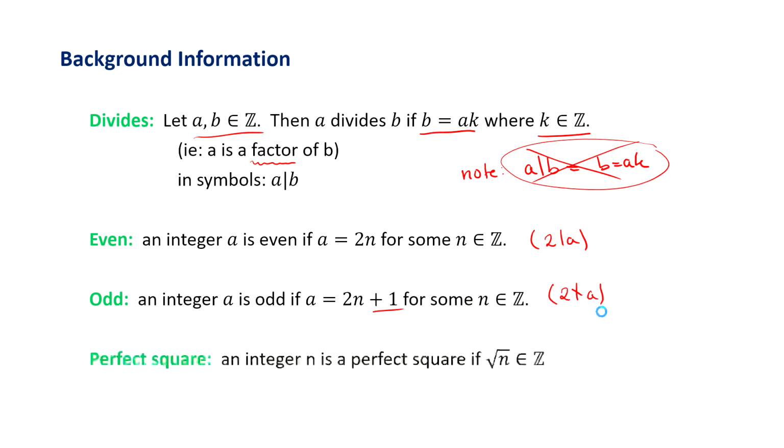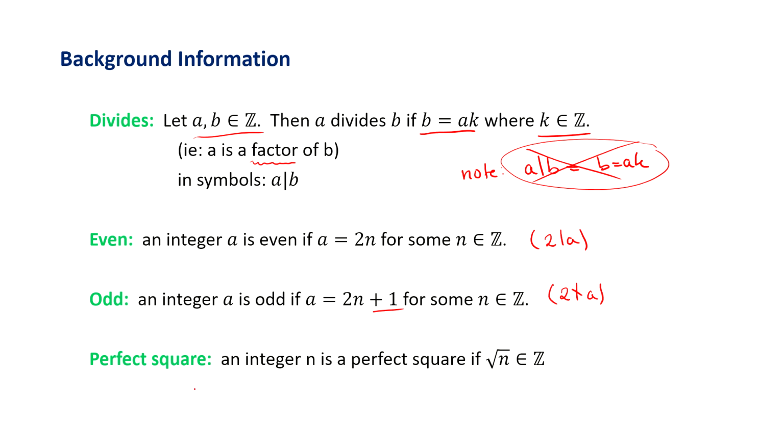And the last definition that we're going to need is a definition of a perfect square, and there's more than one way to define a perfect square, so let me show you 2 of the common ones. The first one is, suppose you have some integer n. It's a perfect square exactly when you take the square root of that integer, and the square root is still an integer. Now, this here is totally accurate, but sometimes it's easier to go the other way.